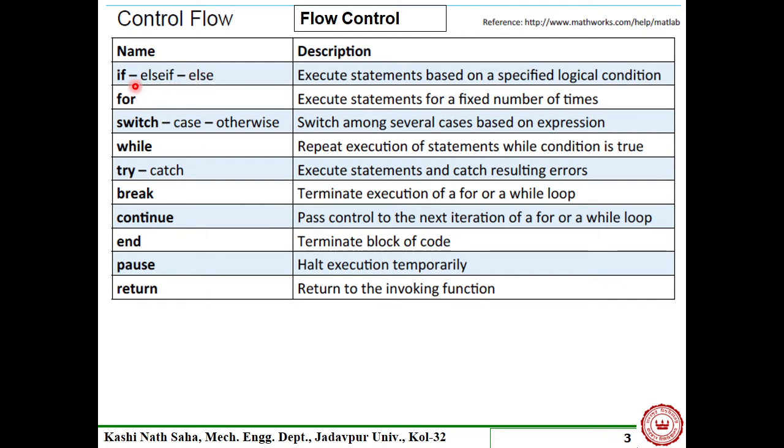So if can be used in various forms, various ways. Other control flow statements are the for statement, which we have already seen. Then there is another type of control flow statement, switch. It is somewhat different than if, but there is a similarity also.